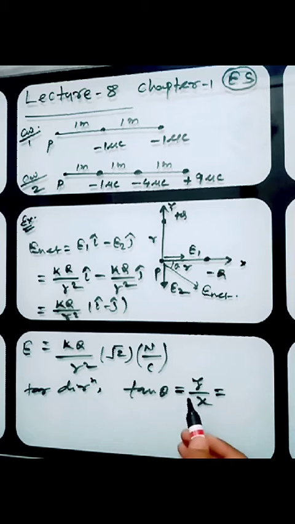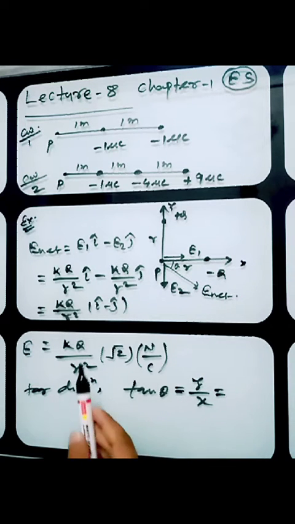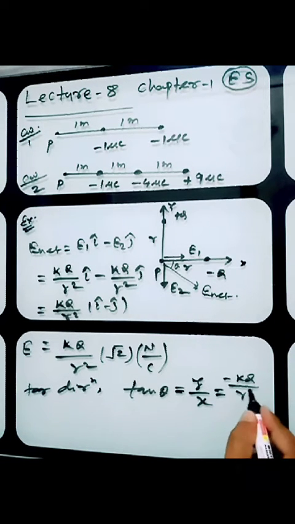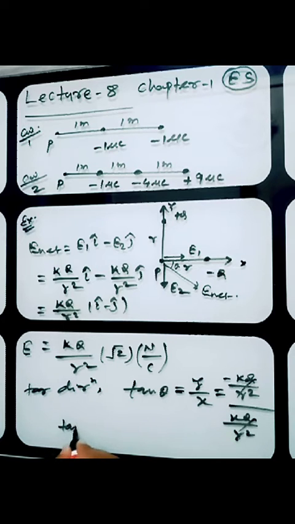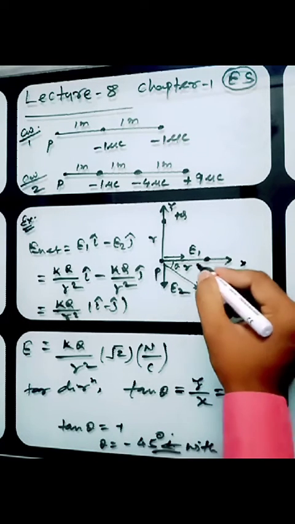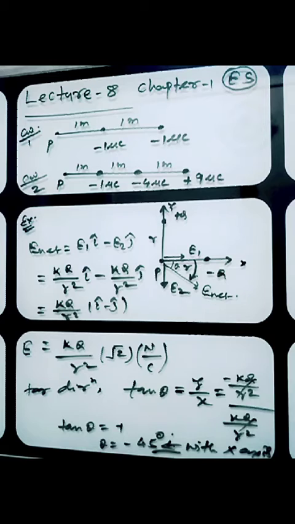The coefficient of y is minus kq by r square, divided by the coefficient of x, the same but positive, kq by r square. Now it will cancel out, and tan theta will be minus 1. That is theta equals minus 45 degree with the x-axis. So minus 45 degree will be in this direction, and this is the magnitude and direction.